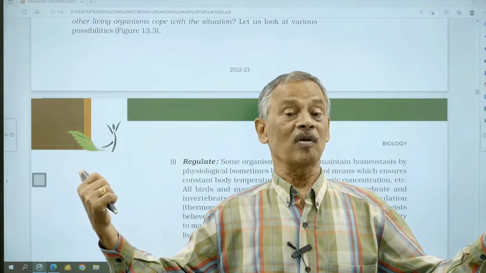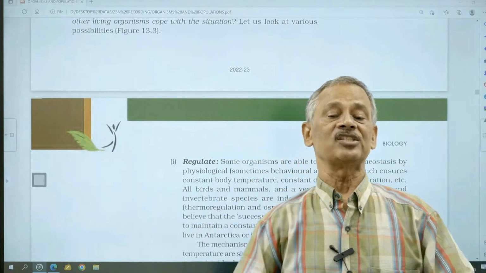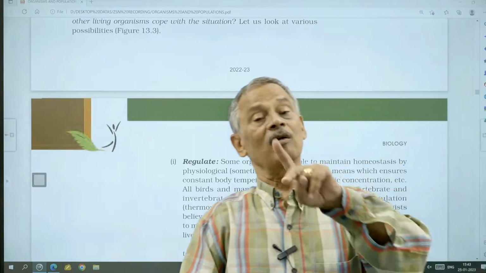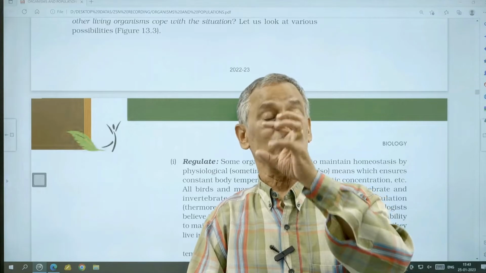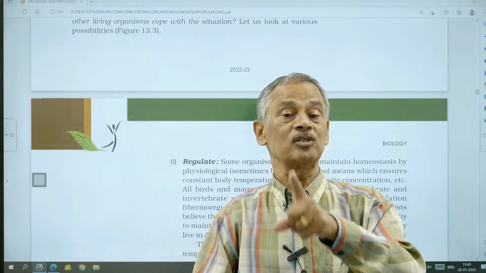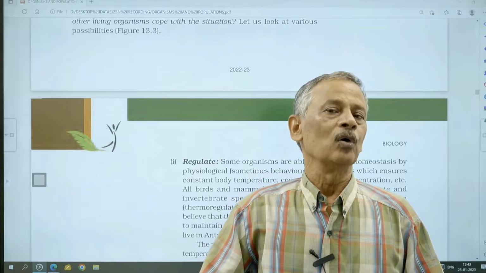They are capable of maintaining a consistency in their internal conditions. So that is the advantage, for which they have to pay a huge fee. What is that? They have to spend a lot of energy. Okay, and their machinery should be so much advanced.